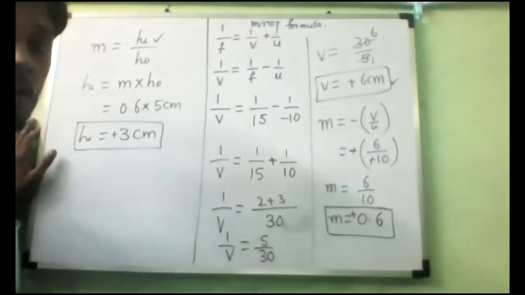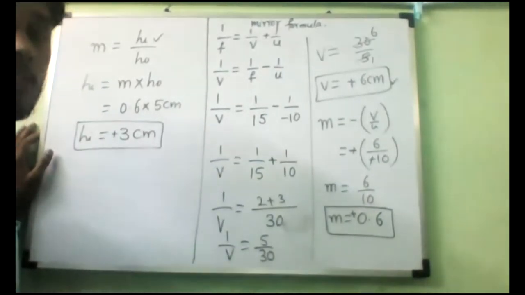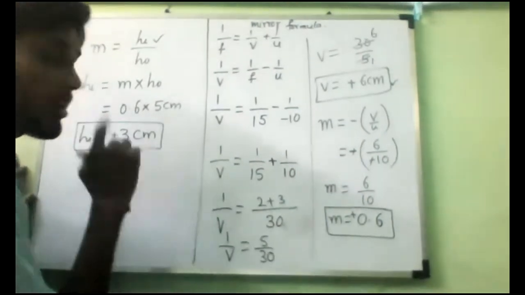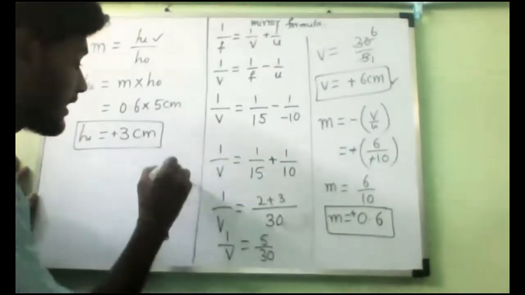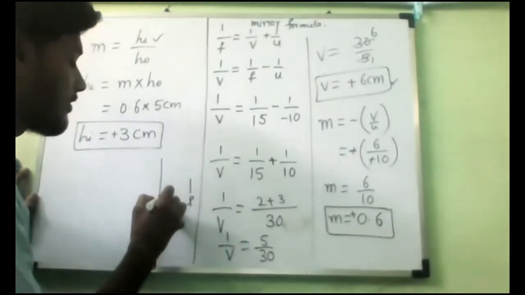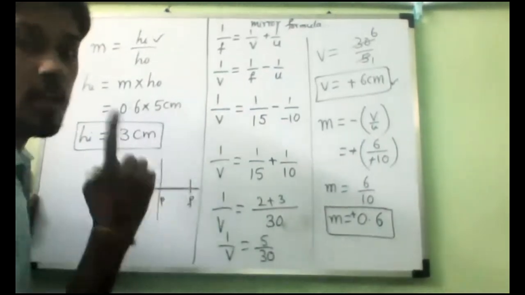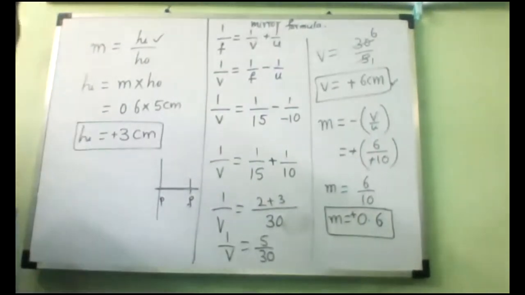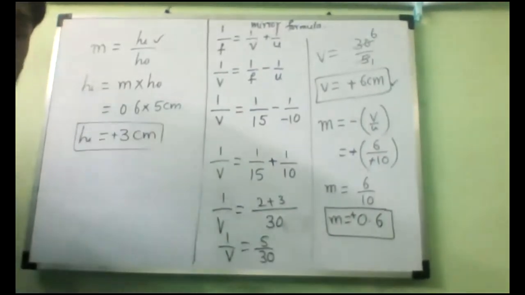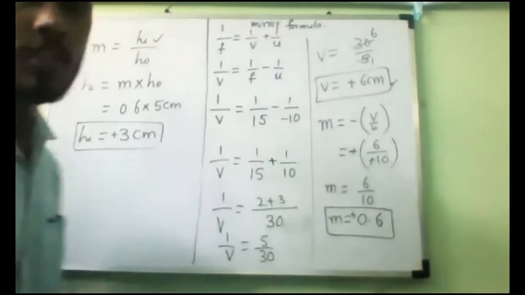Is it true? Yes, sir, we verified. If you place the object at infinity, the image will form at the focus. In all remaining cases, it varies between pole and focus. Always remember, the image must be formed at less than the focus.